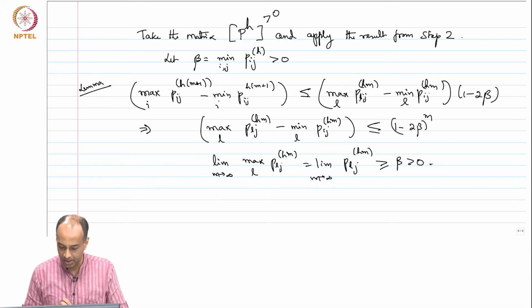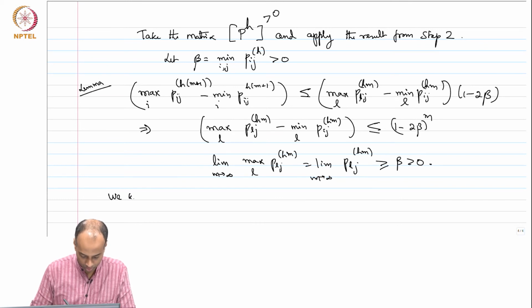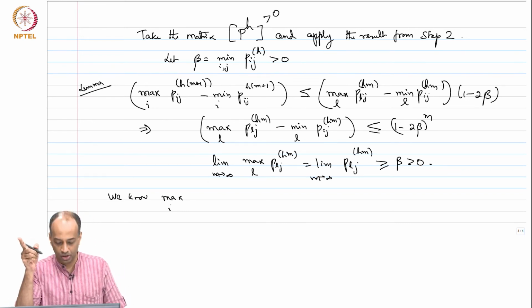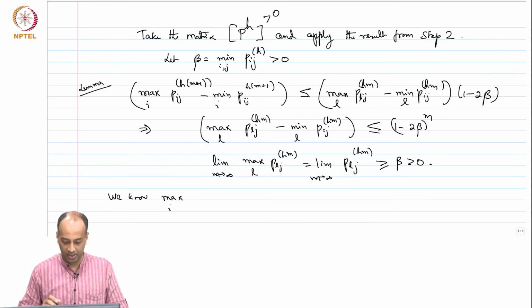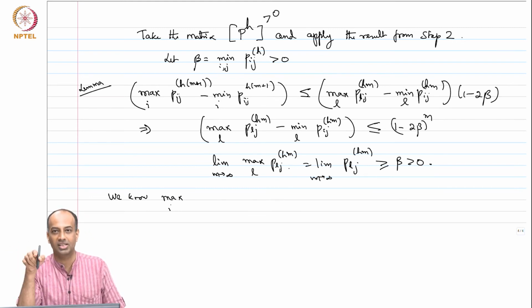But we know that the max over i, so we are now going to the limit along hn, right? We are not able to say limit n tending to infinity, right? So we are looking at a subsequence like hn, and along that subsequence we are able to show that there is a limit, right?